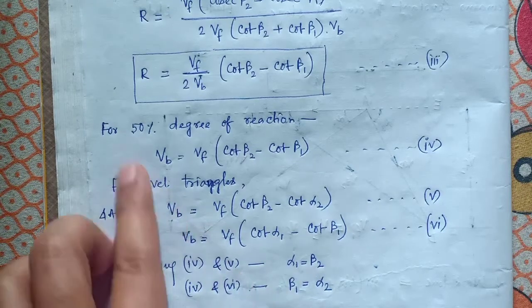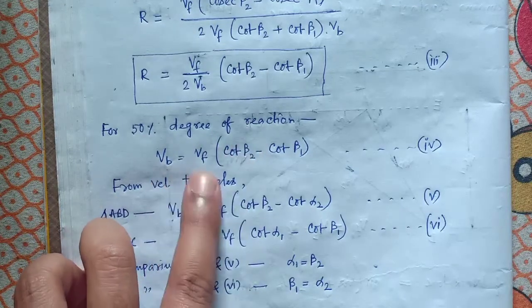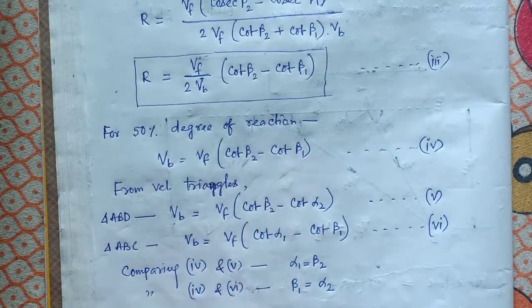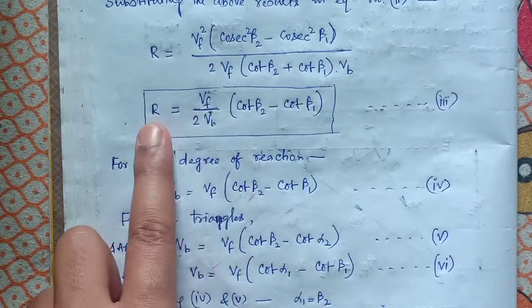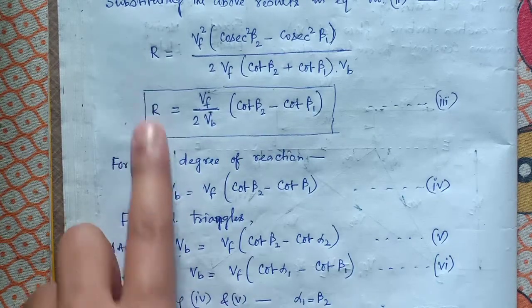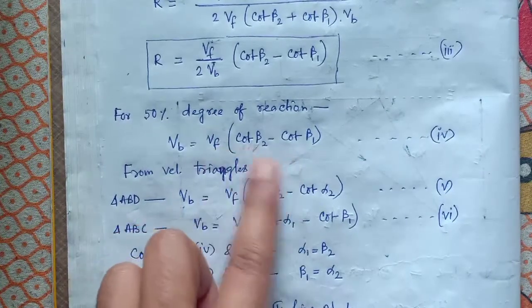So for 50% degree of reaction, VB will be equal to VF into cot beta 2 minus cot beta 1. That means if you put R equals 50% in the equations, 50% means 0.5, 0.5 means 1 by 2, so 1 by 2 will cancel out, and these expressions will arise.